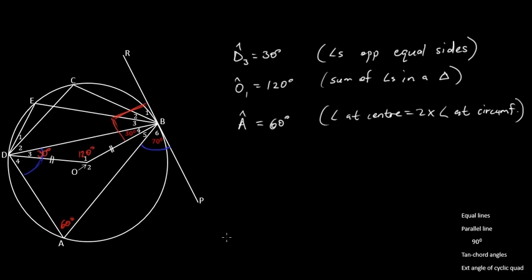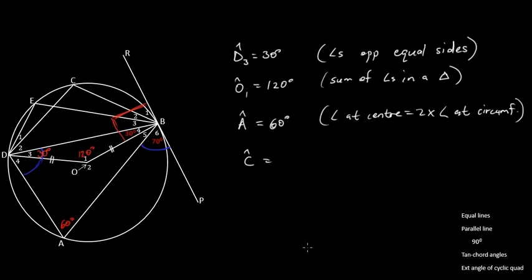So we're looking for angle C. What's the relationship between angle A and angle C? These are opposite angles of a cyclic quad.